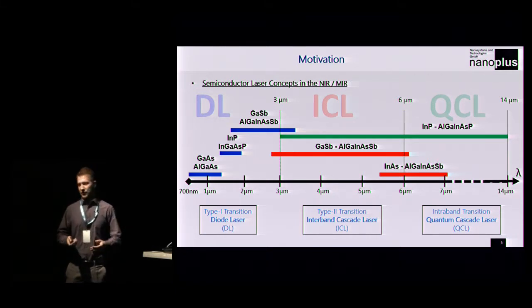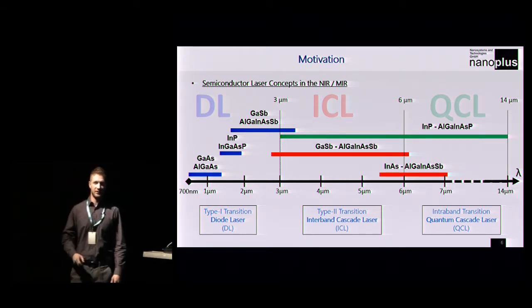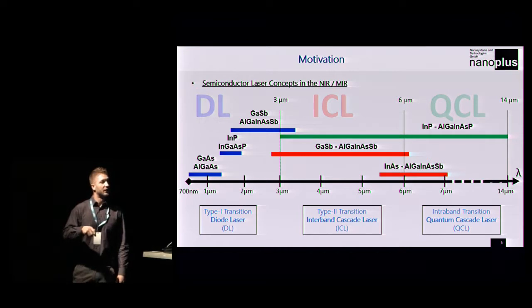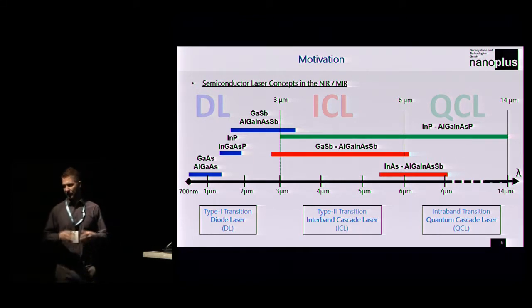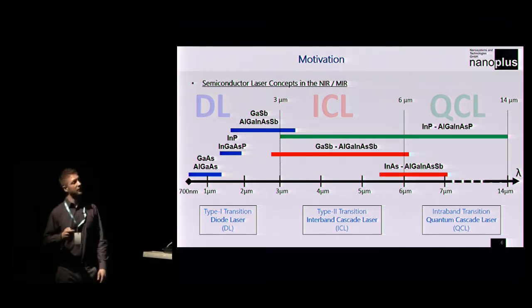So you might be questioning yourself, why should you use another laser if you can cover all this? The thing is that due to the intraband transition, which has some disadvantages, QCLs typically have to be operated at a voltage above 10 volts, which is a lot for handheld devices. It's a lot of voltage and a lot of input power that you need.